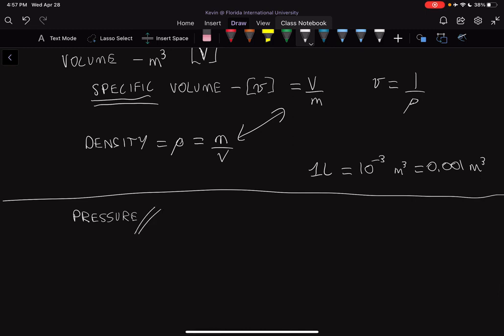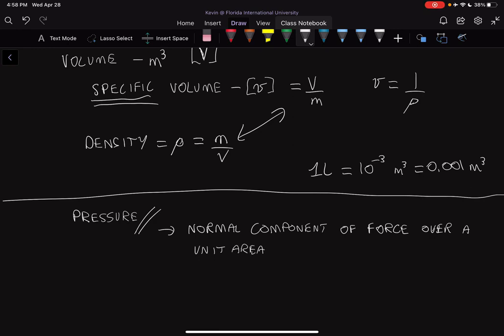What about pressure? So pressure is defined as what? It's defined as the normal component of force over a unit area.